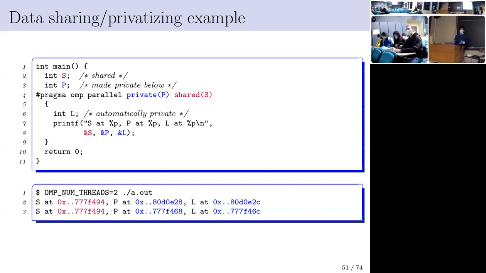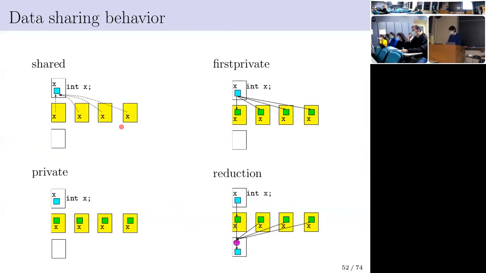The default behavior is that a variable defined outside the parallel region is shared, whereas a variable defined inside a parallel region is going to be private to each thread. You can change the behavior of variables defined outside parallel by saying this is private or something else I'm going to get into. Okay.